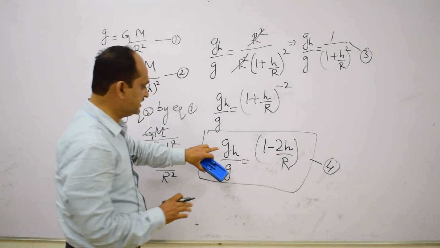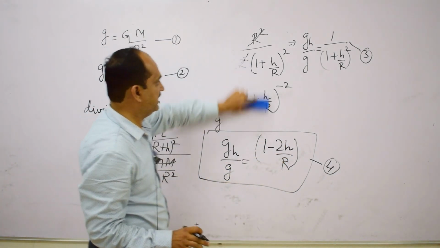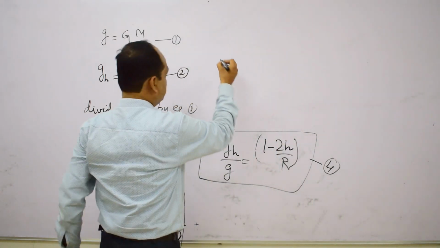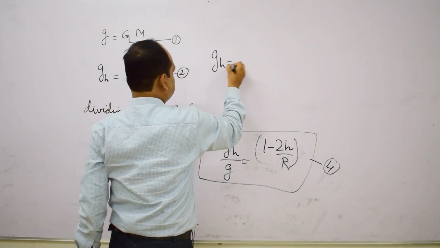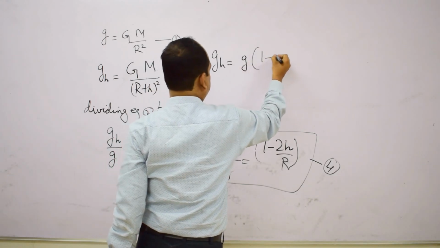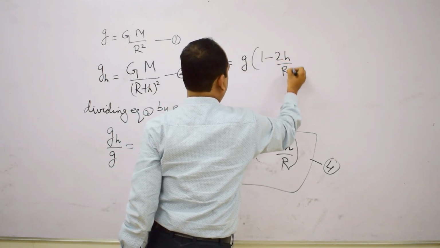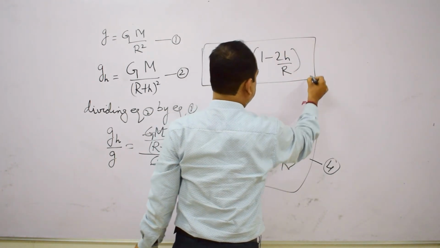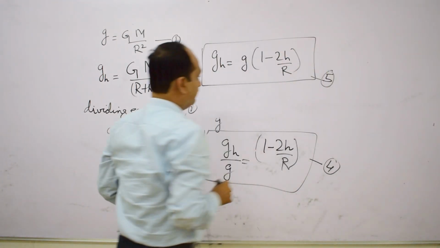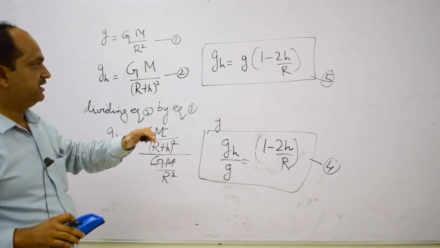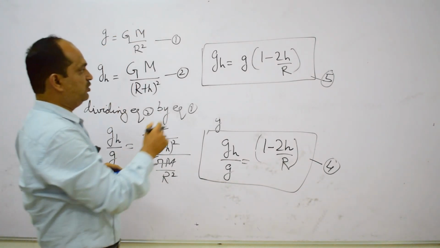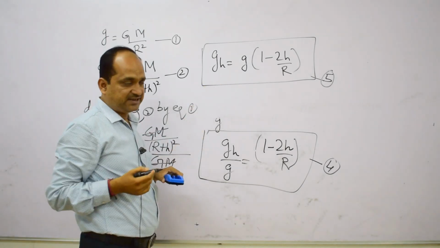Now we can write this in a modified form as gh = g(1 - 2h/R). From this we can conclude that whenever the height increases, the value of acceleration decreases.